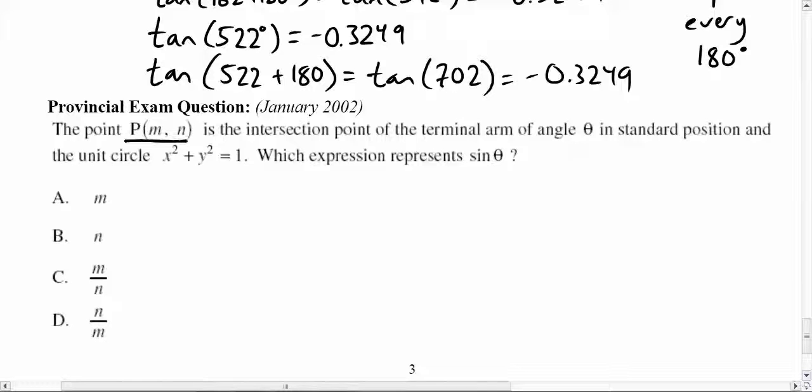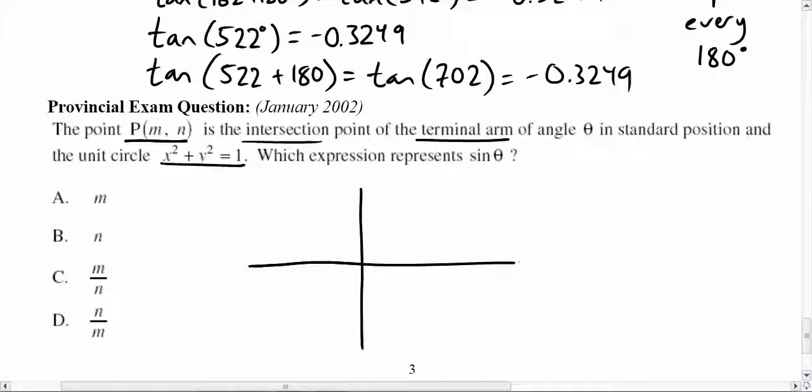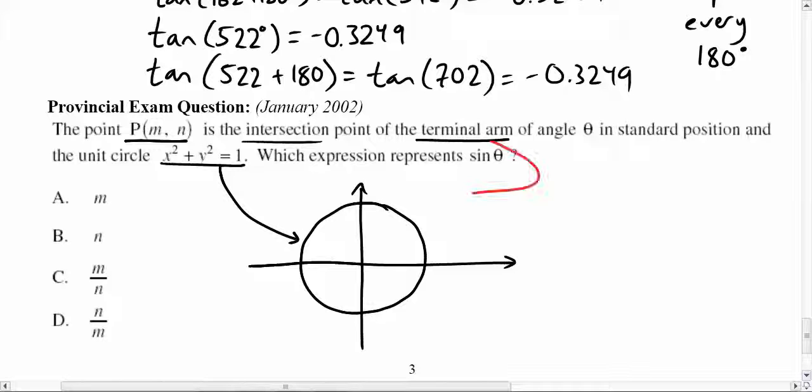So the point P is the point where the terminal arm intersects the circle. So we can draw a circle. That's x squared plus y squared equals 1, which is just a circle. And then I can draw any terminal arm.